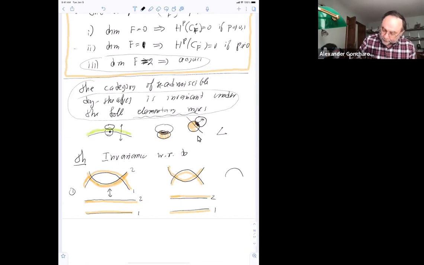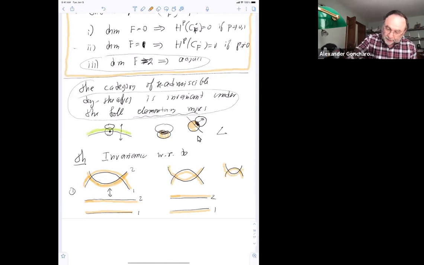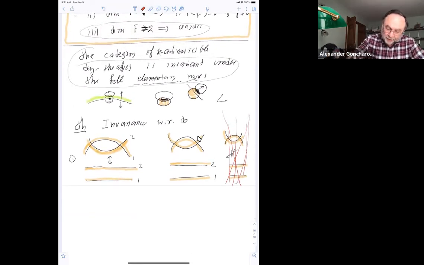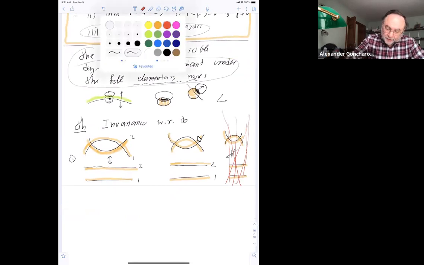If you have this picture, co-oriented this way, this is certainly not the same as what you would get if you move them through. So it's different. This is forbidden. Okay, this is now a type 1 of elementary move.